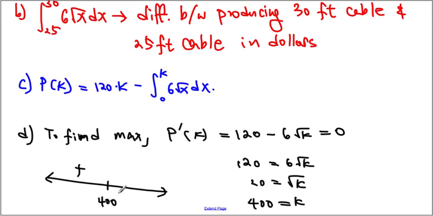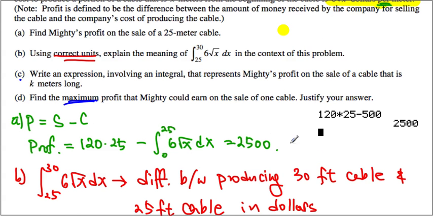If I plug in a number greater than 400, let us say 900, the square root of 900 becomes 30, 6 times 30 becomes 180, therefore this becomes negative. In other words, this becomes the maximum, positive to negative.